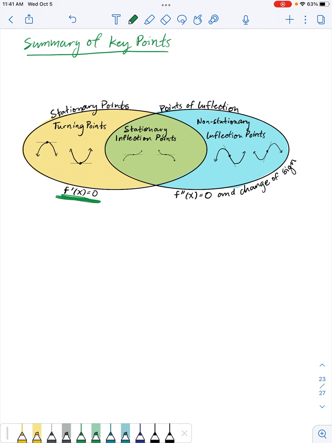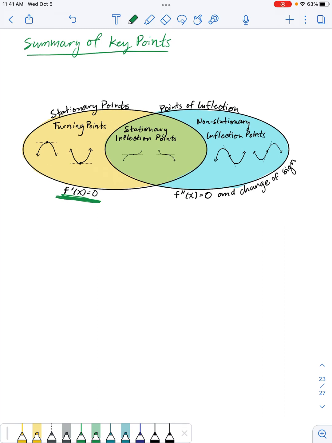The blue bubble, including the overlapping part, are points of inflection. So we can have two types of inflection points: stationary inflection points and non-stationary. Stationary, like we just discussed, is where the concavity changes, but the tangent line is horizontal. And non-stationary, we see here in the blue section, is where the concavity changes, but the tangent is not horizontal.